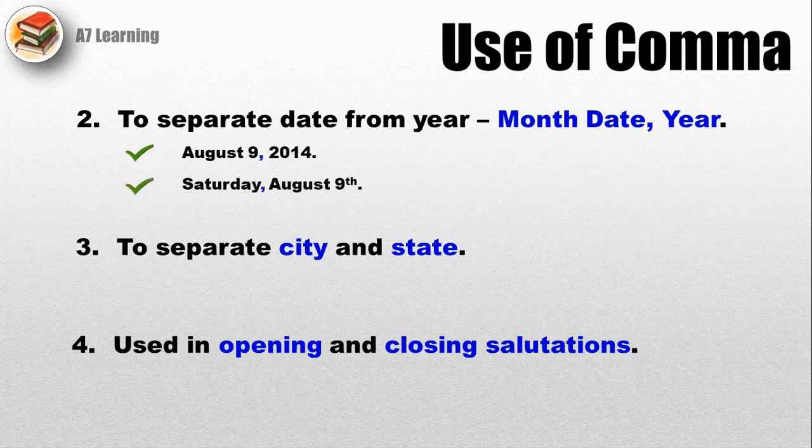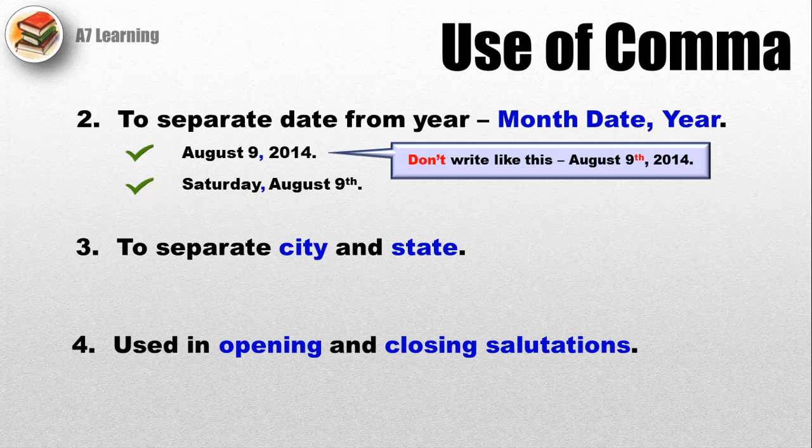Another example here is if you were to write the date with the day, month, date format, then you could say Saturday, August 9th. Also, please notice at the end of 9th, we actually have that little th, that suffix there. That should never appear in the above format. So if you write the date with the month, date, year, don't put that little suffix on the number.